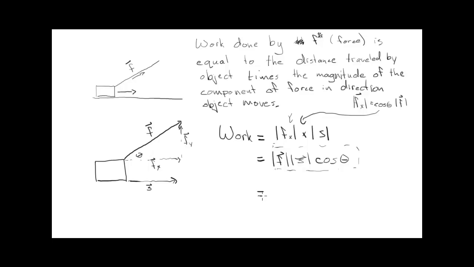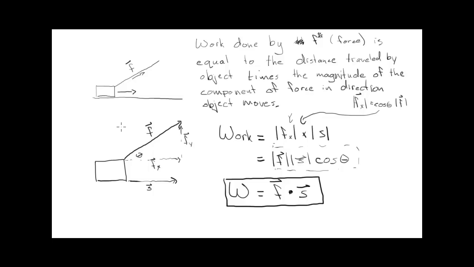That's just the dot product, F dot S. So the work done by F on the object is equal to F dot S, where F is the force and S is the distance traveled by the object.